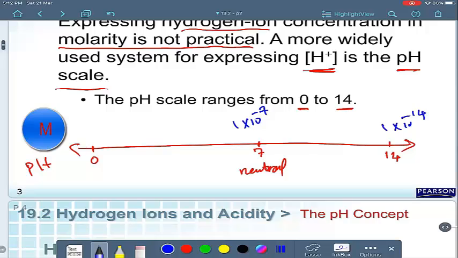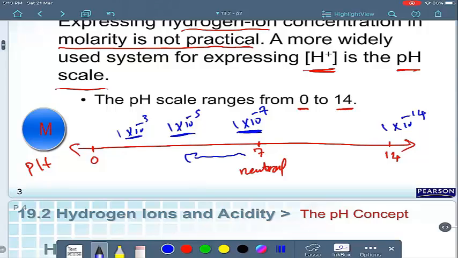For example, at 1 times 10 to the power of negative 5, or 1 times 10 to the power of negative 3, whatever, it means you are moving in this direction. It means the value is greater.